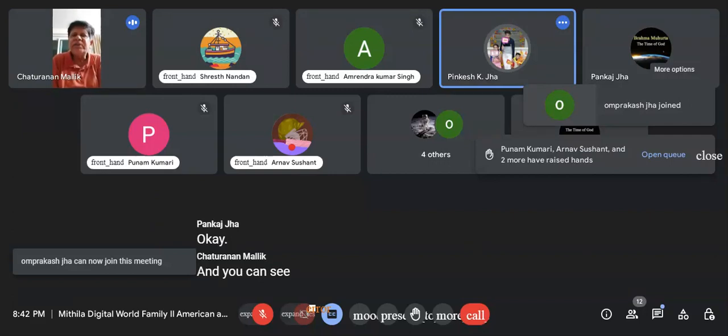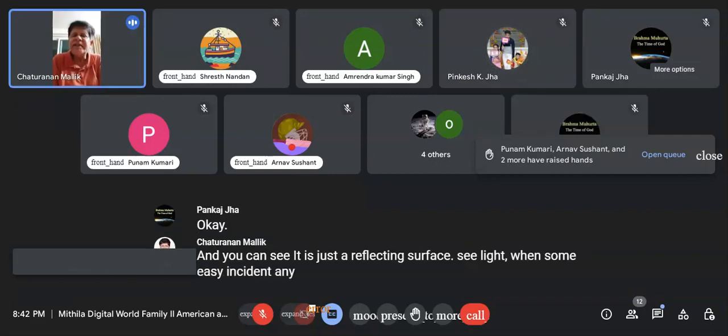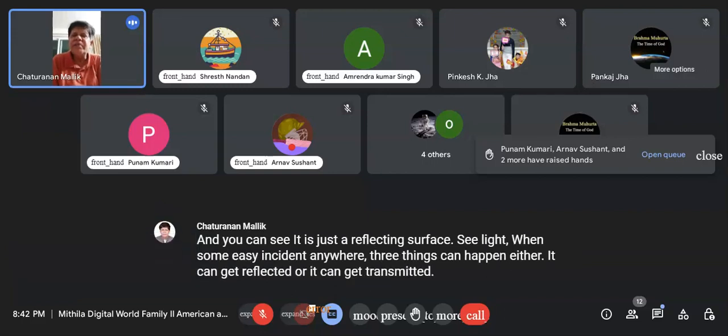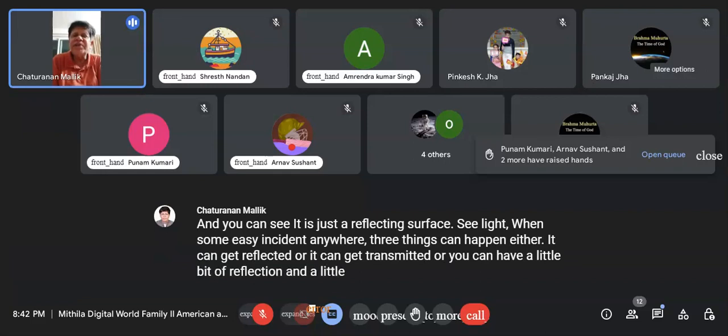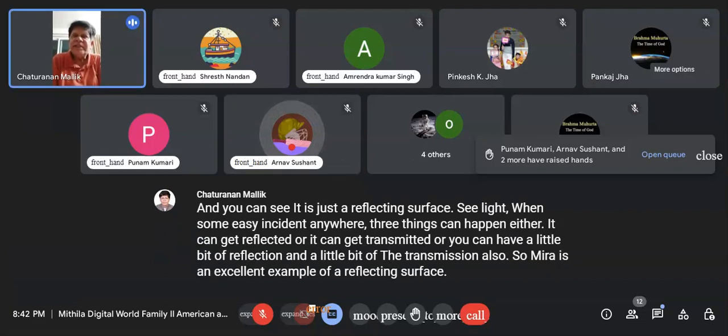See, when light is incident anywhere, three things can happen. Either it gets reflected, or it gets transmitted, or you can have a little bit of reflection and a little bit of transmission also. A mirror is an excellent example of a reflecting surface.